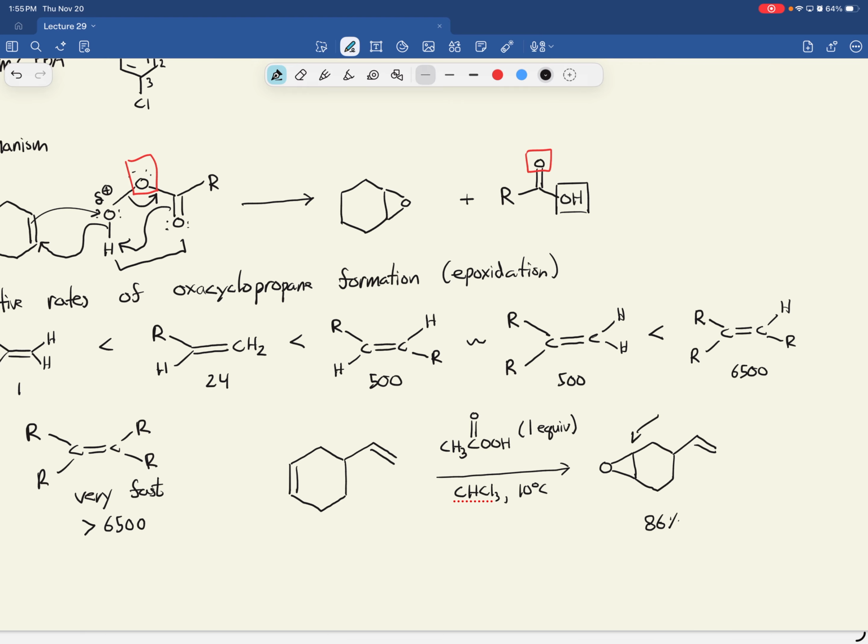So here we can see that we only form the epoxide at the more electron-rich alkene. Okay? So we have 2 positions here, right? So this will be considered a mono-substituted alkene.